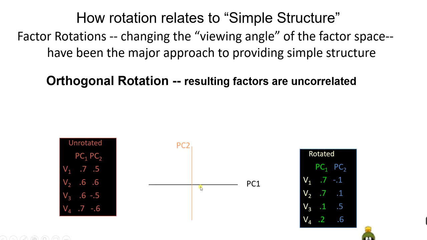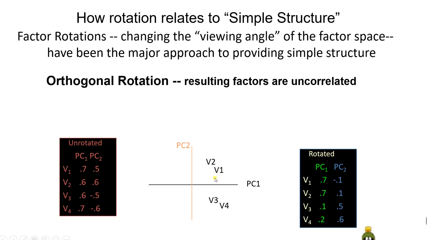So this is PC1, principal component 1, one axis, and this is principal component 2, another axis. Two vectors are there. Now I have tried to represent this, though I cannot guarantee the accuracy. So if you see variable 1, this is the unrotated plot. Variable 1 is having 0.7 loading on PC1, so it is slightly higher here, and 0.5 loading here.